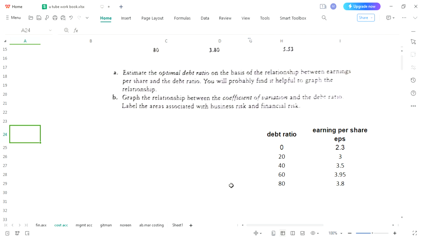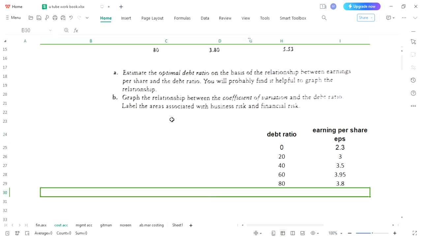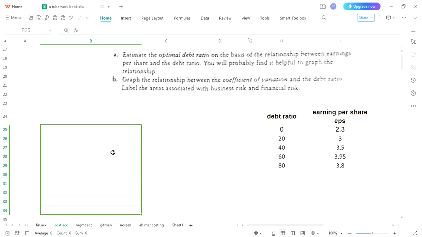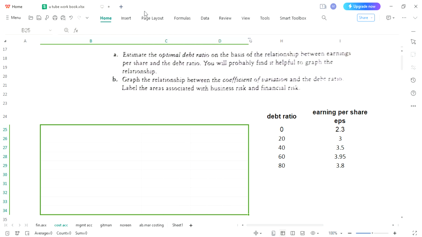To create this graph, we will have our axes ready. There are two axes, the x-axis and the y-axis. Debt ratio can be placed on the x-axis and earnings per share on the y-axis. So we will create our axes first. For the y-axis, a vertical line would be created on the left side.